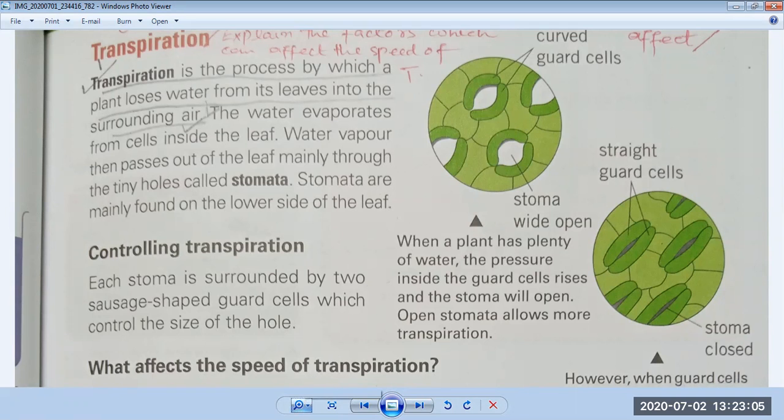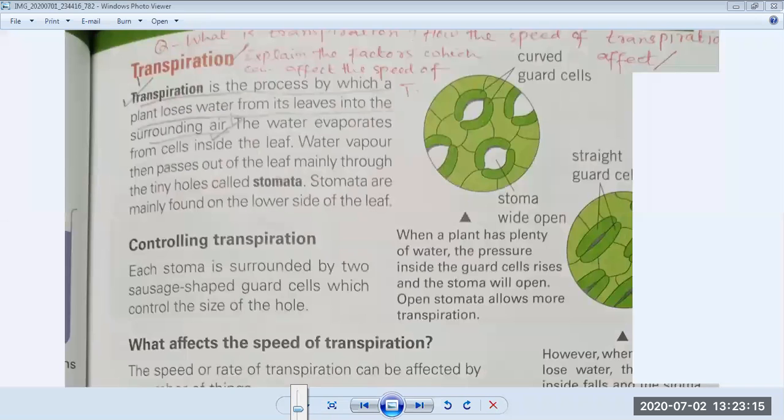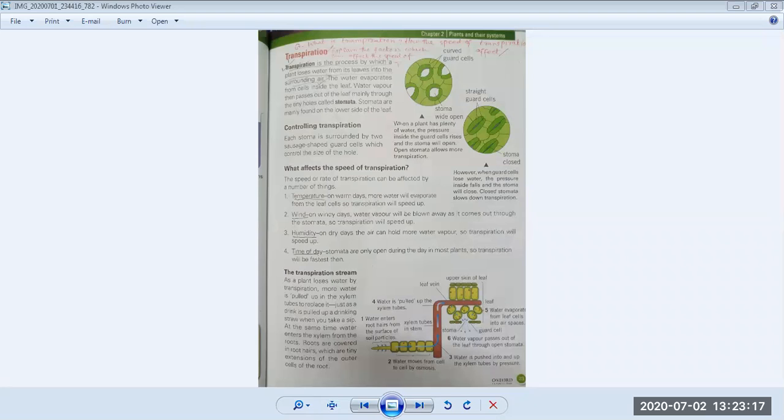Now we will discuss what affects the speed of transpiration.